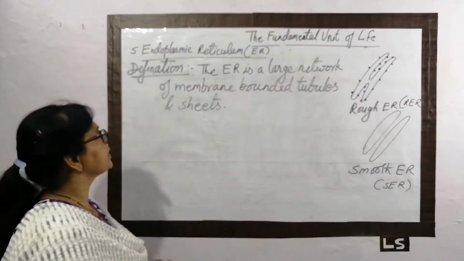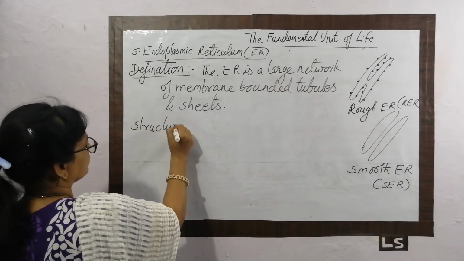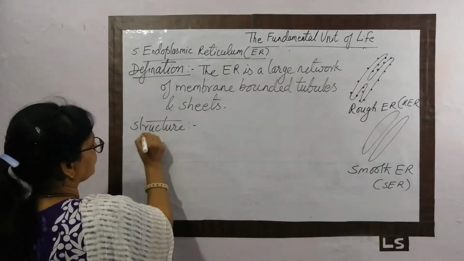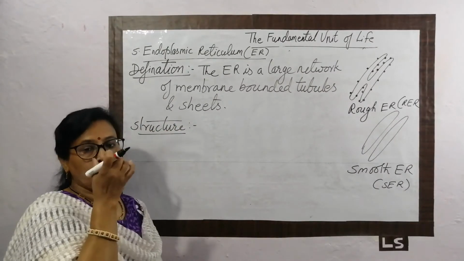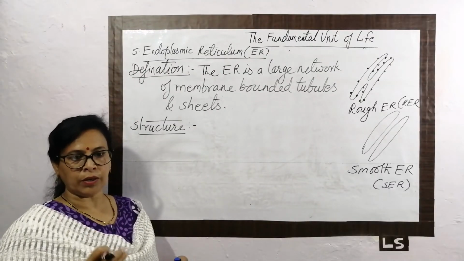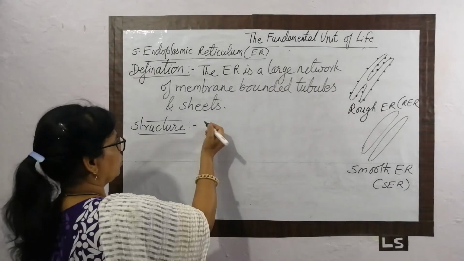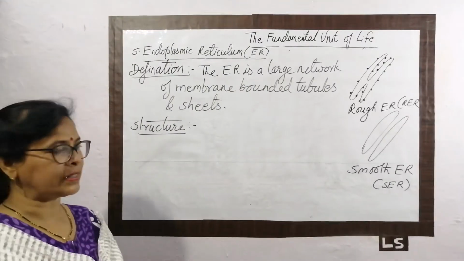Now next is the structure of endoplasmic reticulum. It is a tube-like structure. It is a long tube, that is the lengthwise tubule. It is round and oblong vesicle-like. How can we explain the structure?